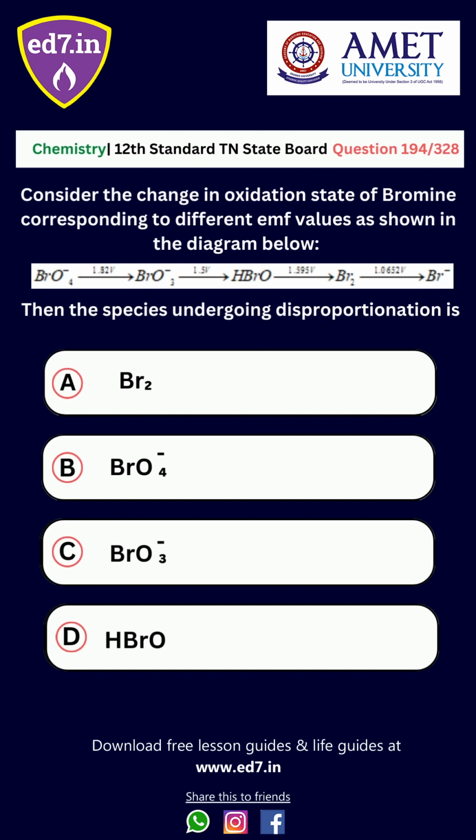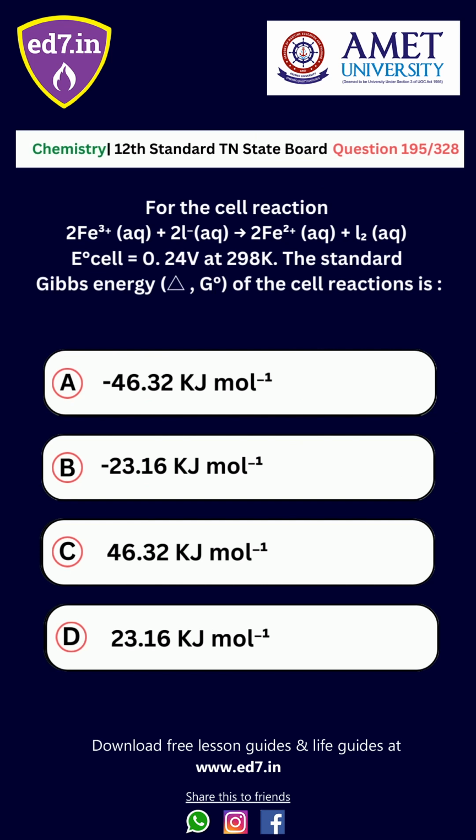Question number 194. Consider the change in oxidation state of bromine corresponding to different EMF values as shown in the diagram below. Then the species undergoing disproportionation is: option A Br2, option B BrO4 minus, option C BrO3 minus, option D HBrO. The correct option is option D HBrO. Question number 195.